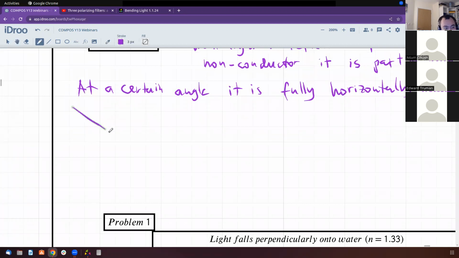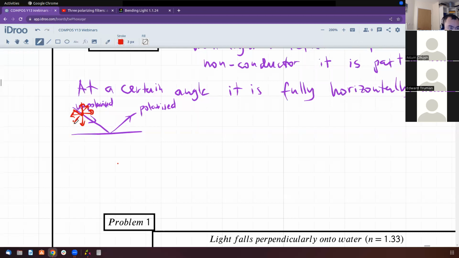Well, you have light coming in onto a surface, and it is unpolarized light, and reflected is polarized. So you have light coming in like this, bam, bam, bam, bam.